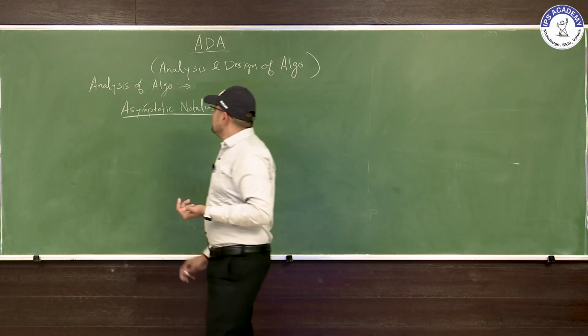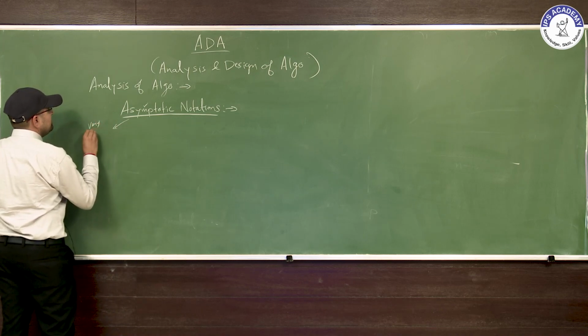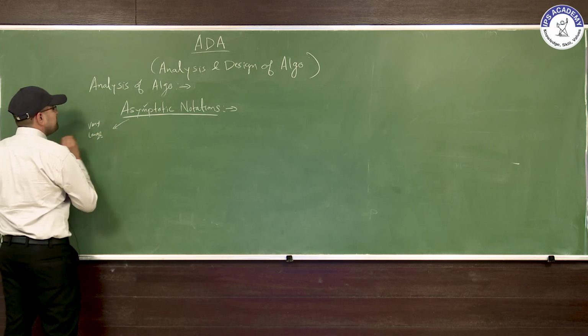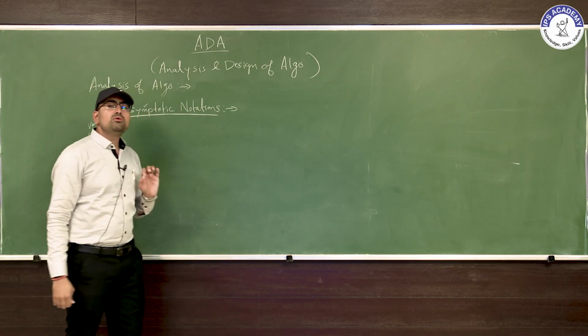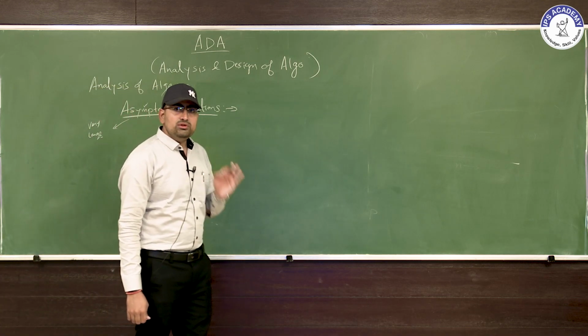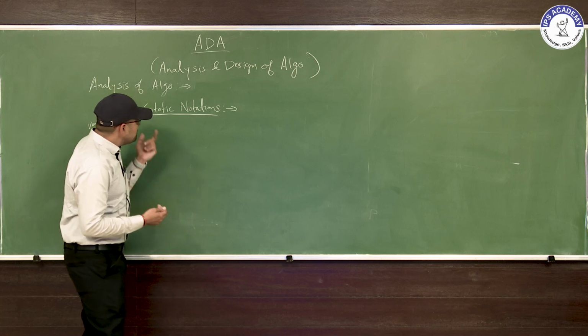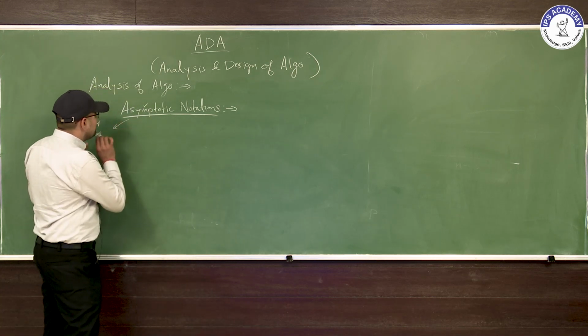Asymptotic means very large. That means whatever calculations we are going to do here would be on relatively larger values. That means the input size would be relatively larger, right? So that is why we are going to use asymptotic.